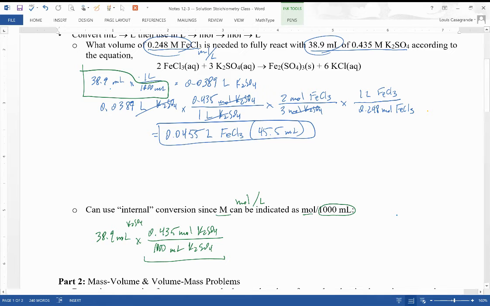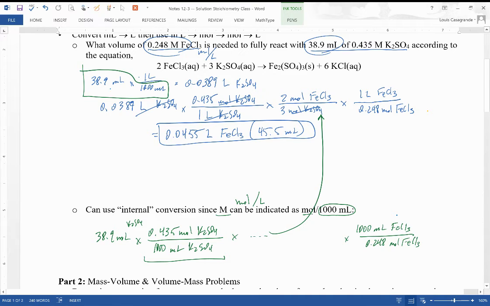All right. At this point, we would then just keep going to our mole to mole ratio. And on the flip side, we would multiply by 1,000 milliliters of the FeCl3 over 0.248 moles of the FeCl3 solution.